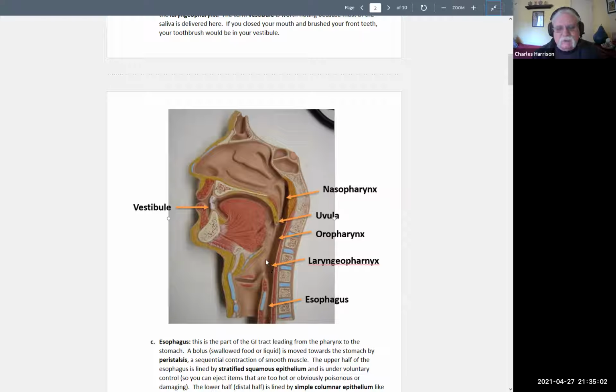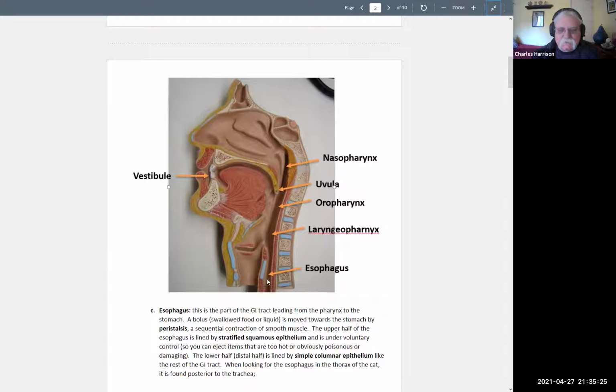At the laryngopharynx, there's a choice of which way something will go. If it's air, it'll go into the open passageway into the trachea. If it's a bolus of water, liquid, or food, the epiglottis, which isn't labeled in this picture, it's right here, the epiglottis will close and the bolus will continue down the esophagus.